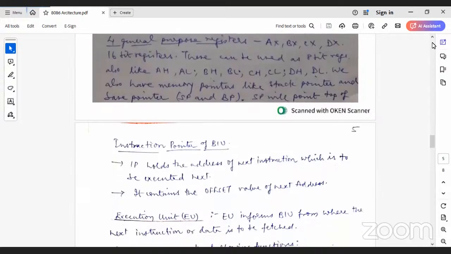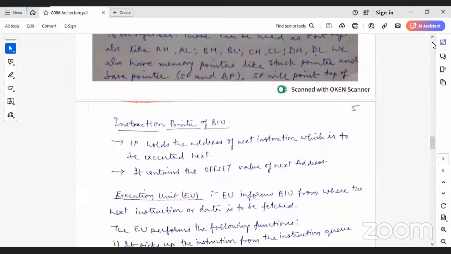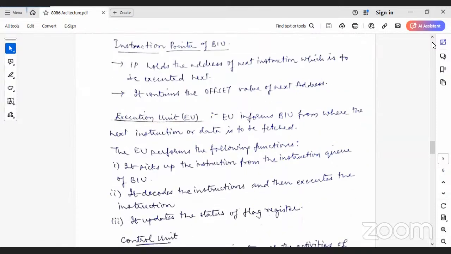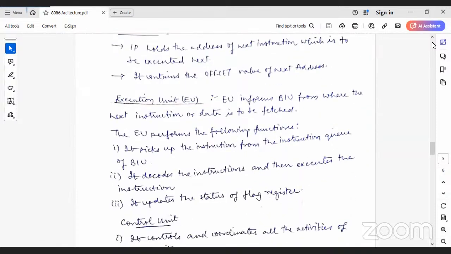As the name suggests, it holds the address of the next instruction which is to be executed, and it also contains the offset value of the next address. All this is only to describe what each block is doing in your block diagram. In the BIU, the instruction stream byte queue, segment registers and instruction pointer were the three major things, and you have to see the function they perform.